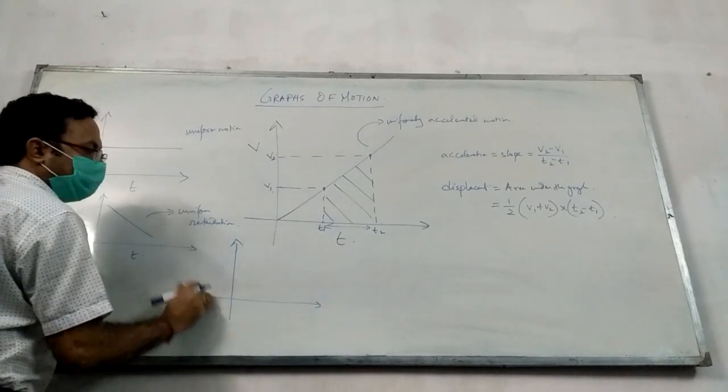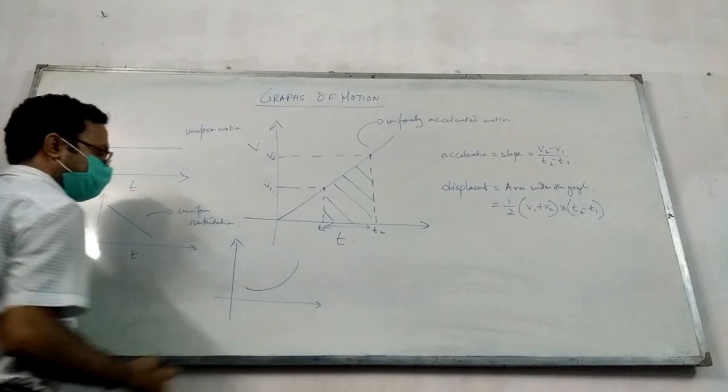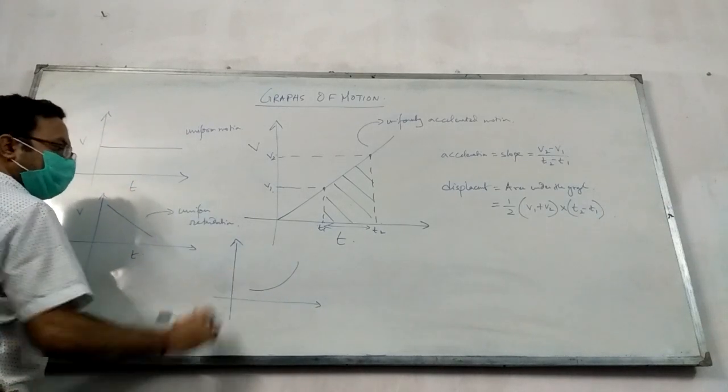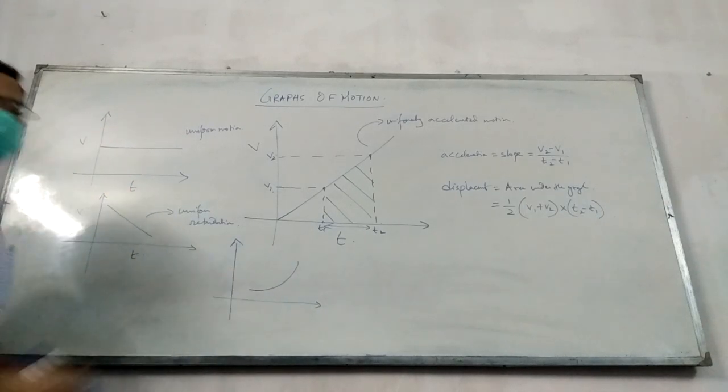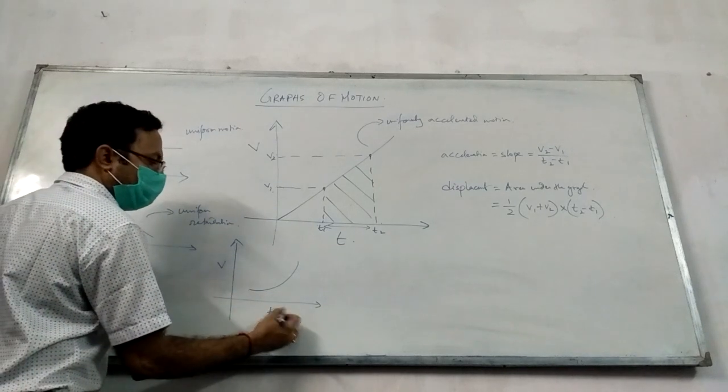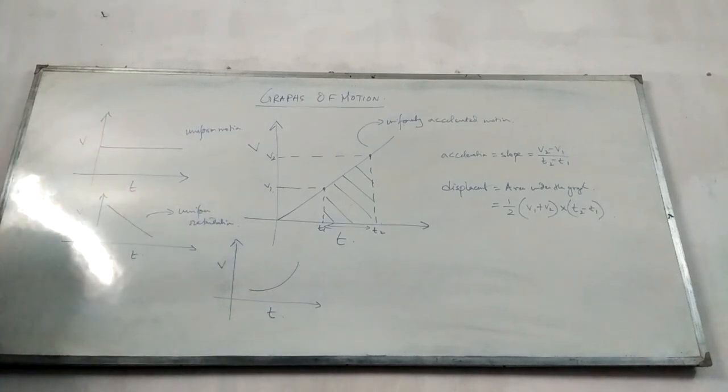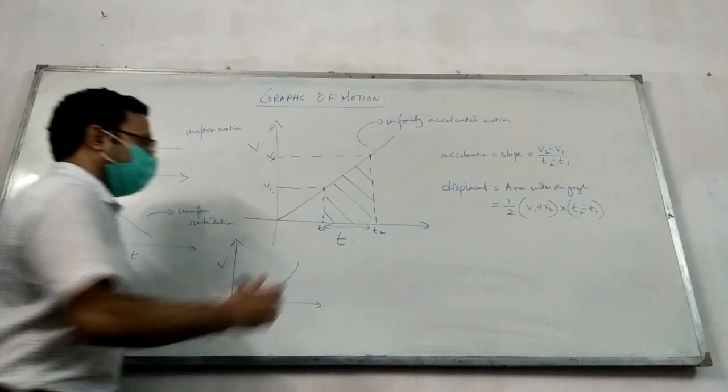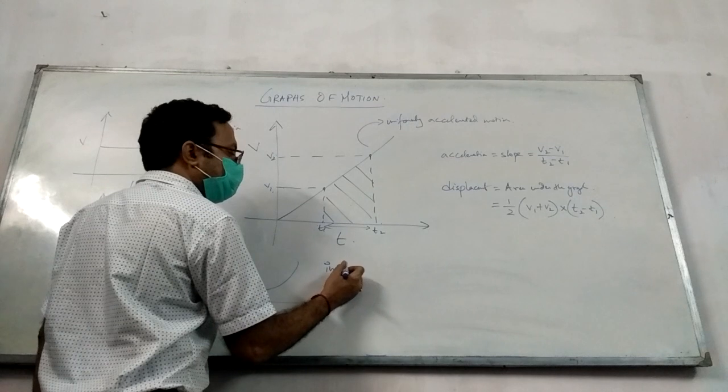Next, if you have a graph like this, what does it depict? Yes, it is a non-uniform acceleration. But what about the non-uniformity? So this is increasing acceleration.